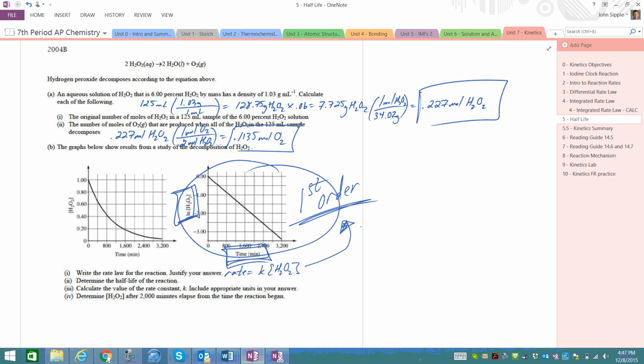They want us to determine the half-life of the reaction. In order to do that, I just need to take a look at the graph.